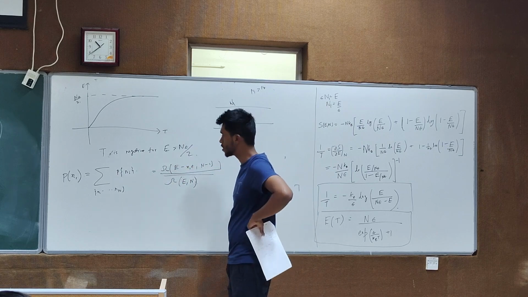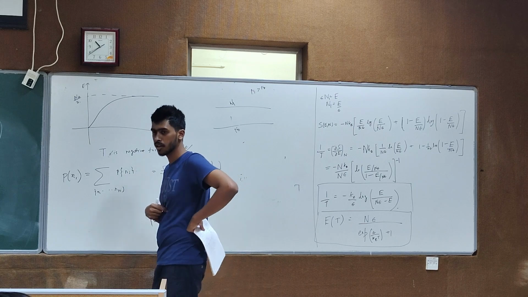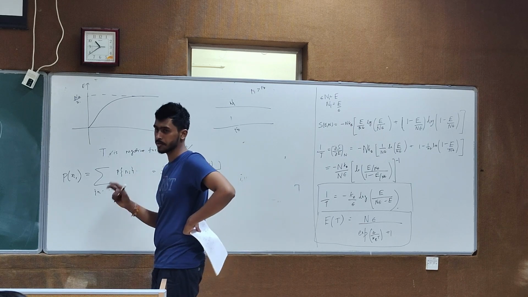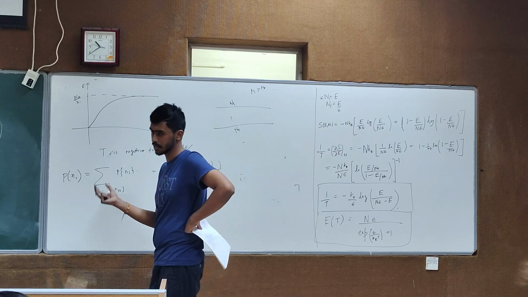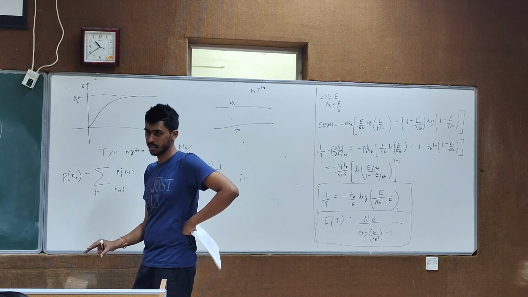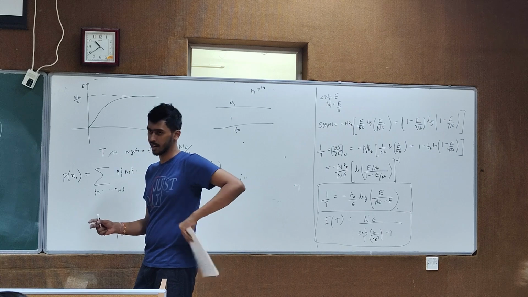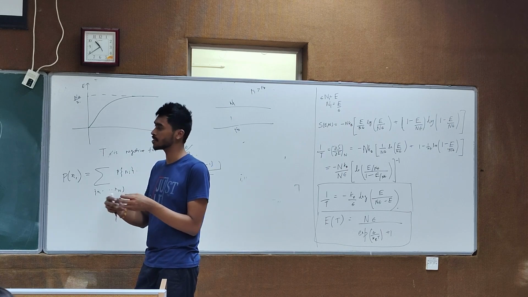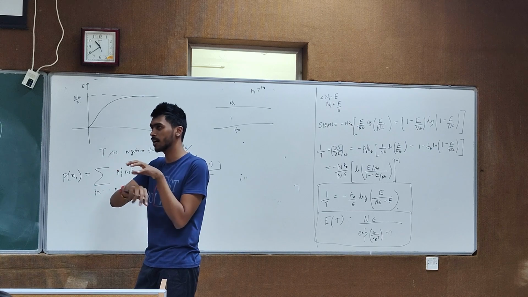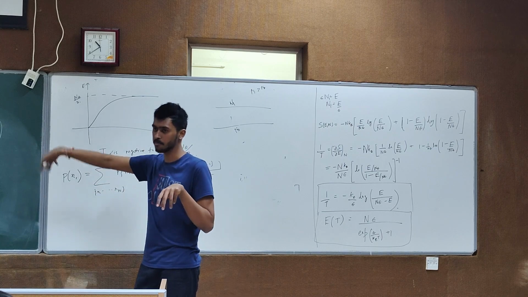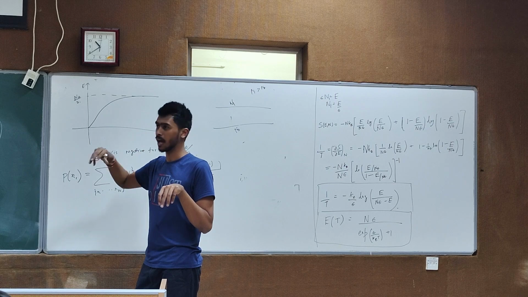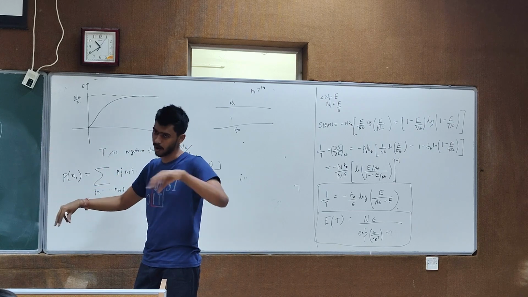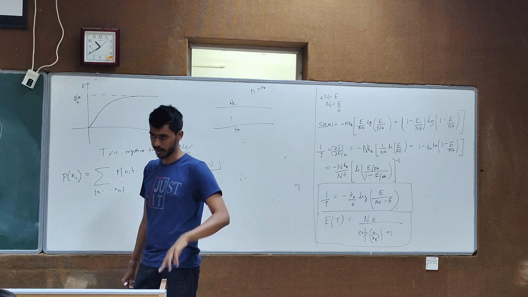Can I explain how the probability of n1 is the sum? So the probability that n1 is in, suppose, 0 state is the probability that, suppose you have n1 in 0 and the remaining in some state, and the remaining particles can be in any other state while keeping n1 at 0.